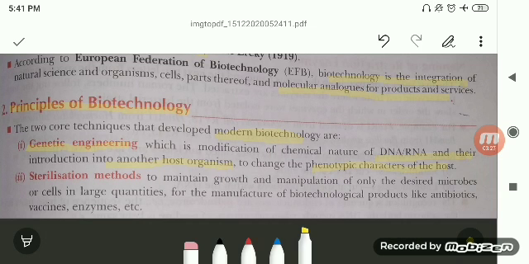That means we modify our nucleic acids, DNA and RNA, and after modification we introduce them into another host cell to change its external appearance. The second technique is sterilization method, to maintain the growth and manipulation of only the desired microbes or cells in large quantities for manufacture of biotechnological products like antibiotics, vaccines and enzymes.